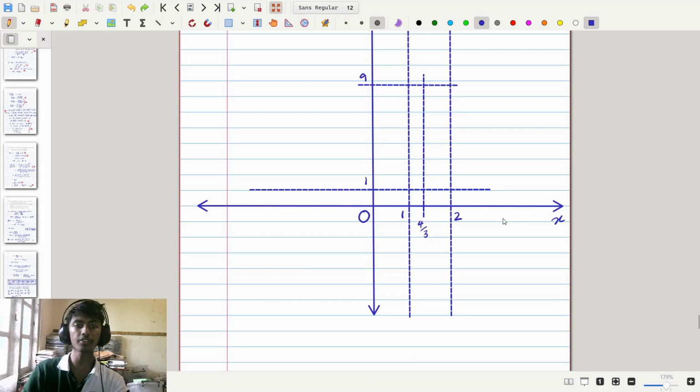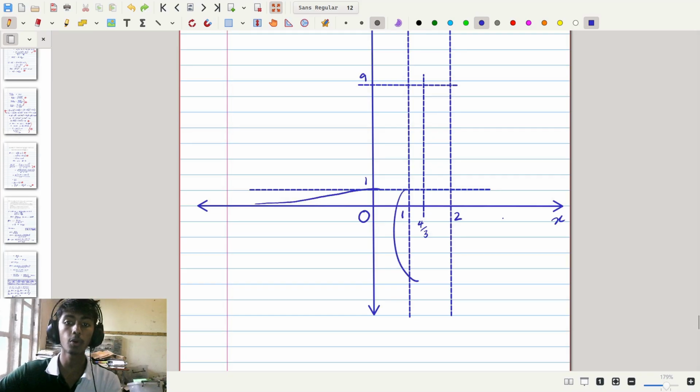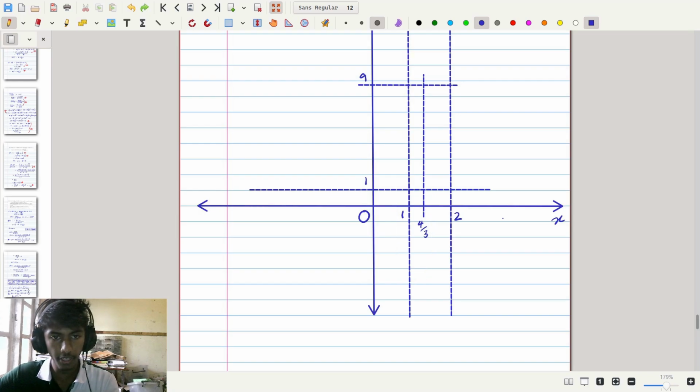So if I start drawing from the left hand side, we're going to have a graph that starts at a very low value, close to 0, continuously increases, maybe not that much, maybe we'll tone it down a little bit, maybe like this, until it stops at this point and starts going down like this, and it goes down very fast as we approach x equals 1. So maybe not that fast, maybe I can try again.